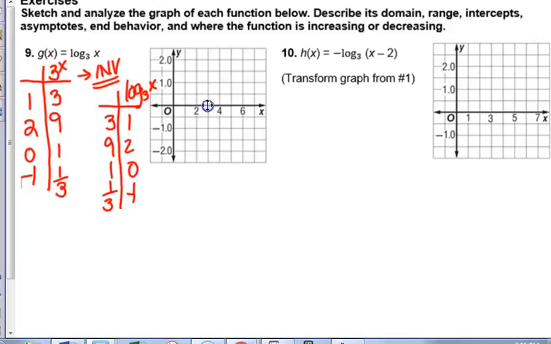It's kind of funky. (3, 1) is over here. (9, 2) would be just off the edge over here by the number 10 up there. (1, 0) is here. And (1/3, negative 1) is way down here. They have it stretched kind of funny. I won't do a very good job trying to connect those, I'm sure.